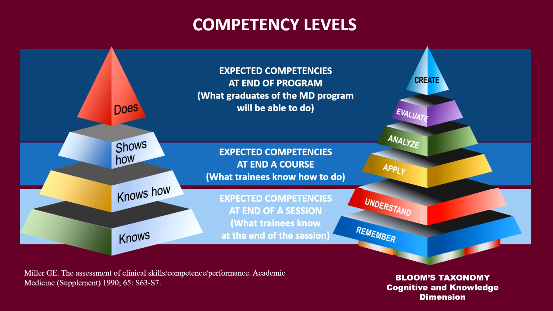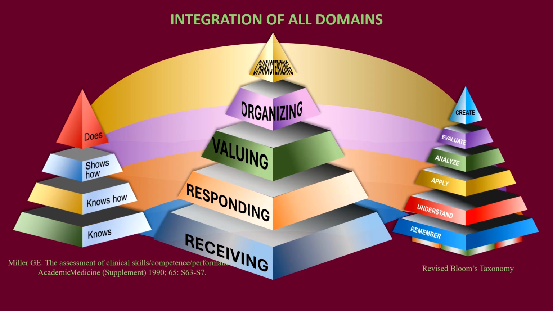Okay, but it's also not enough that you just have clinical competencies, knowledge, and cognitive competencies. It's also important that your students have the affective competencies. So you have receiving, responding. You will learn more about this as we go to more specific discussion of taxonomies.